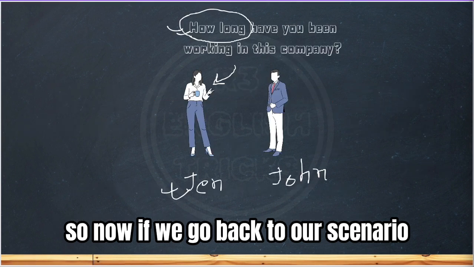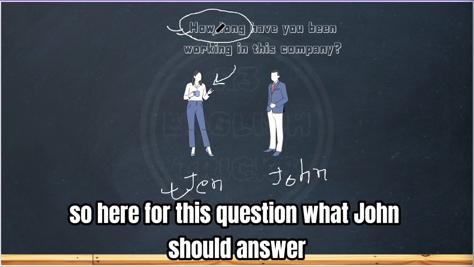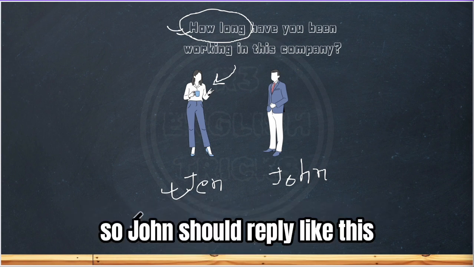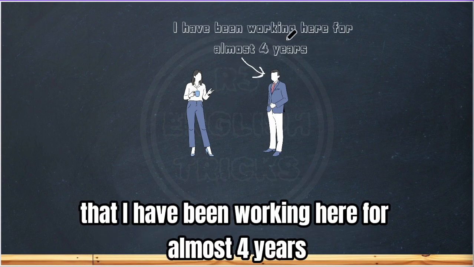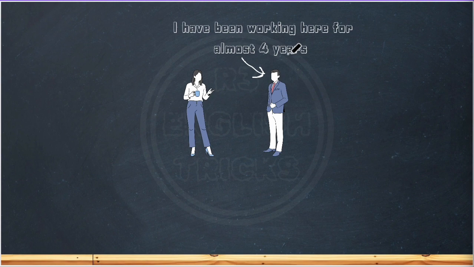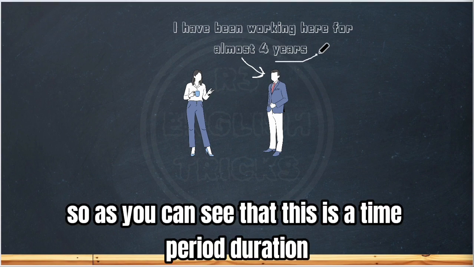So now if we go back to our scenario, for this question, what should John answer? John should reply like this: I have been working here for almost 4 years. So as you can see, this is a time period, a duration.